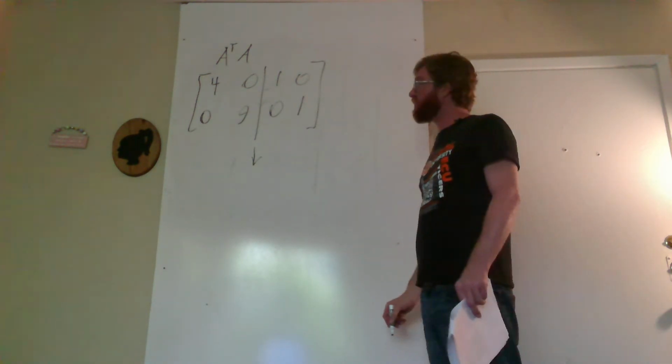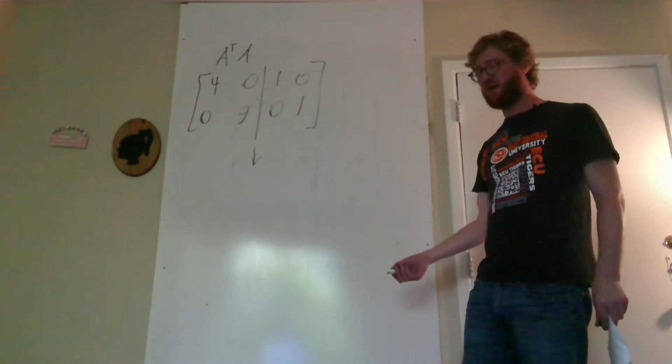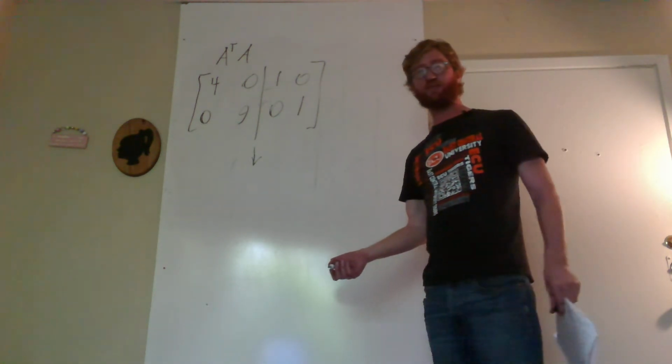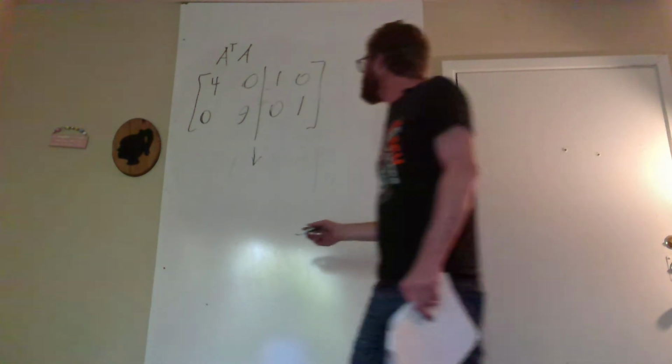For this problem, we have 4, 0, 0, 9. To get the identity matrix on the opposite side, I just need to divide the entire top row by 4.